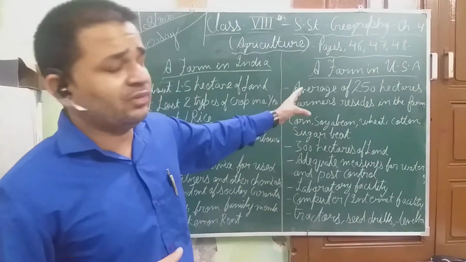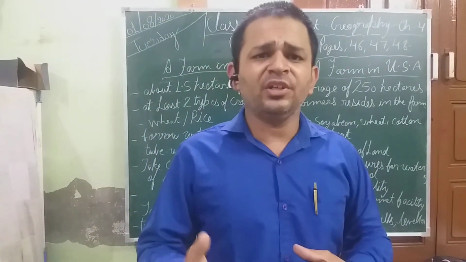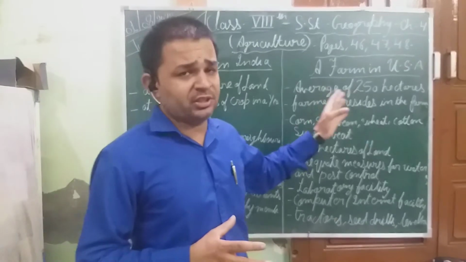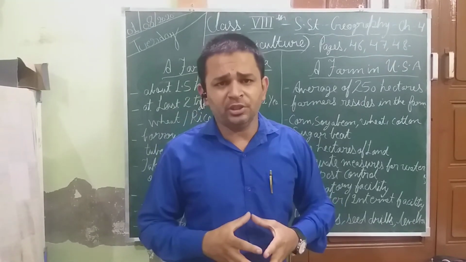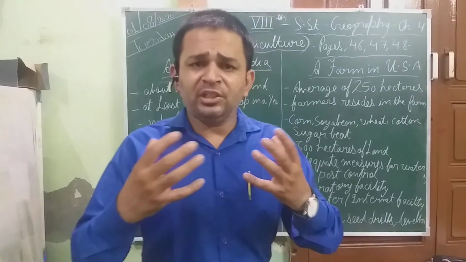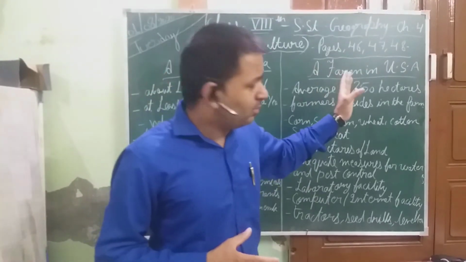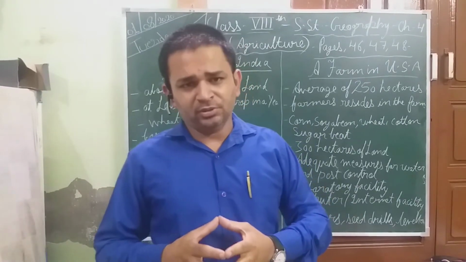But in the US they have huge storage facilities. They have their own godowns where they can keep the output, and they have no hurry to sell it in the market. They wait for an adequate price, they wait for their business deals to turn over, then they go for selling it. So that's why I said they work more like business people rather than farmers.